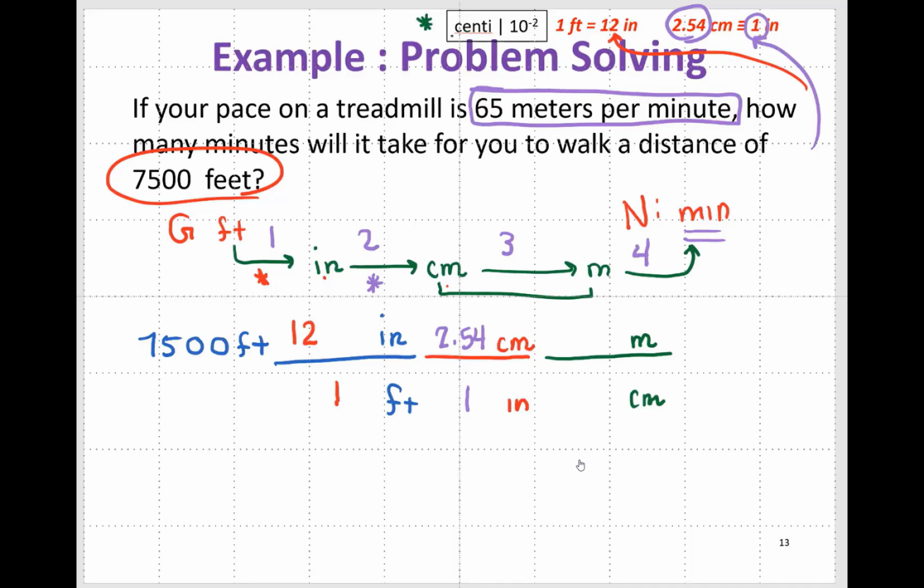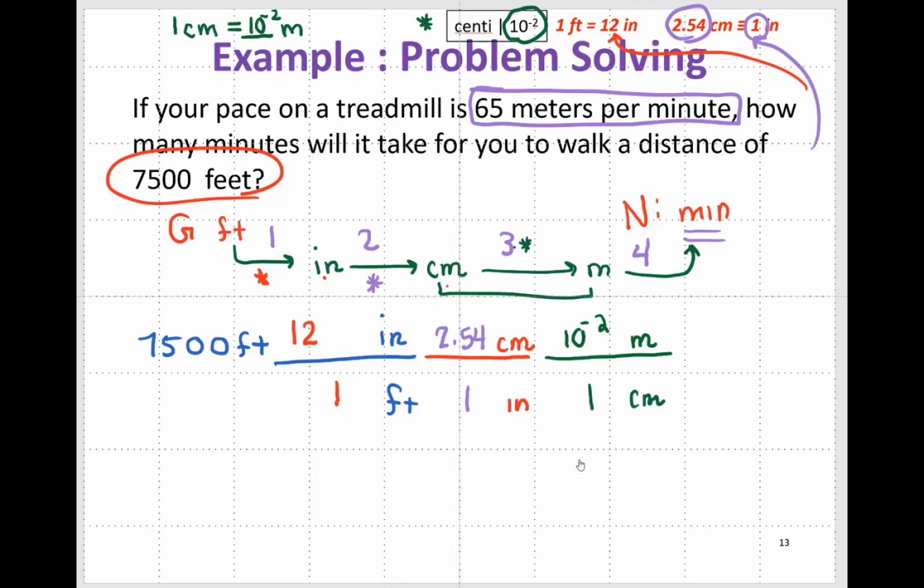To turn this into an equality, put 1 in front of your prefix unit, so 1 in front of centimeter, and that equals blank meters, and that blank is whatever is given on the table, so 10 to the minus 2. So we'll put 1 in front of centimeter and 10 to the minus 2 in front of meter. And so now we're done with step 3.